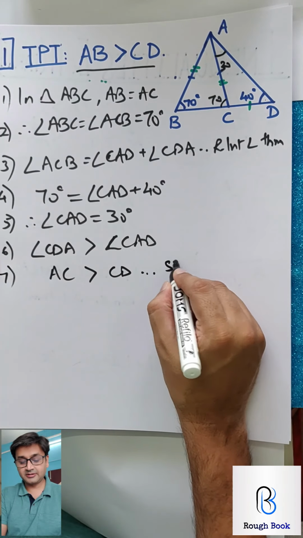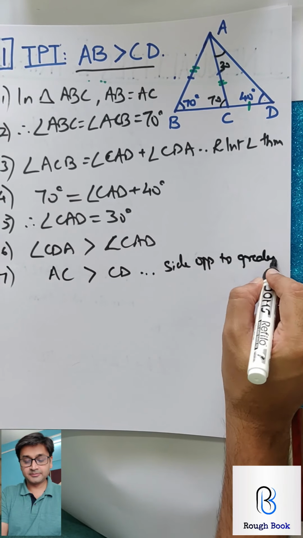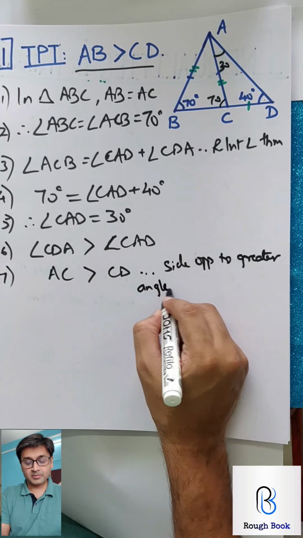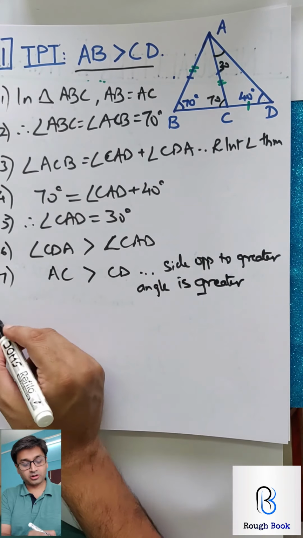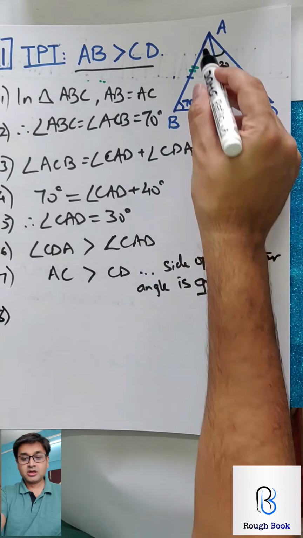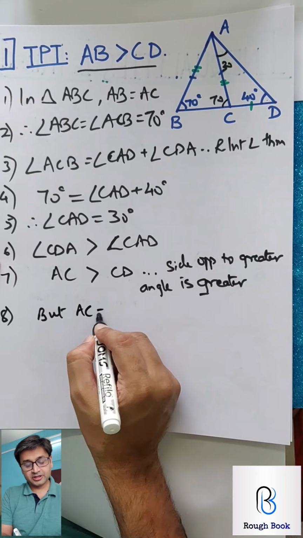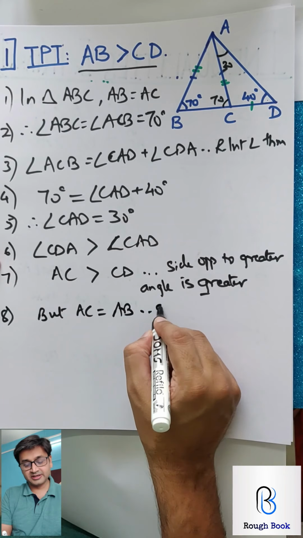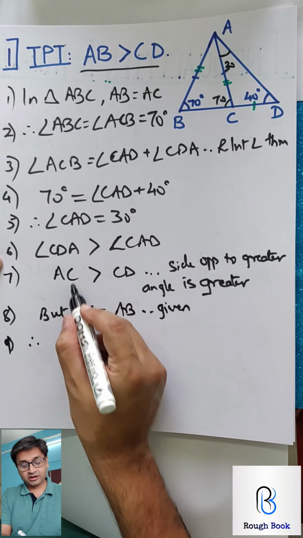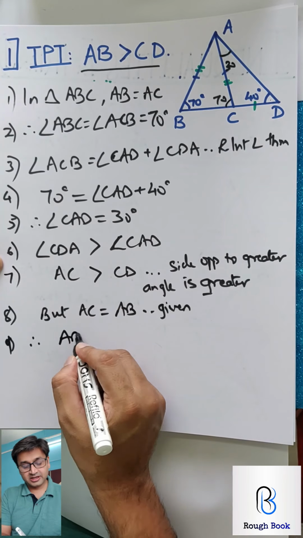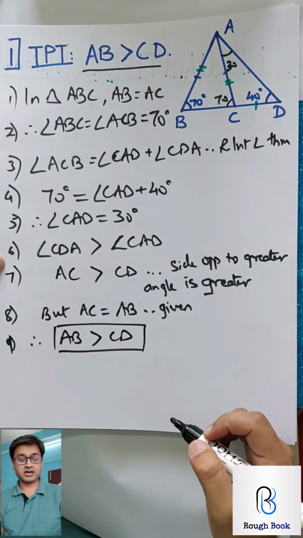Reason will be side opposite to greater angle is greater. So the side opposite to greater angle automatically becomes greater. AC is greater than CD, but you already know that AC is equal to AB, reason given. So if both are equal, I can remove AC and substitute AB there. So AB becomes greater than CD. That's what our target was.